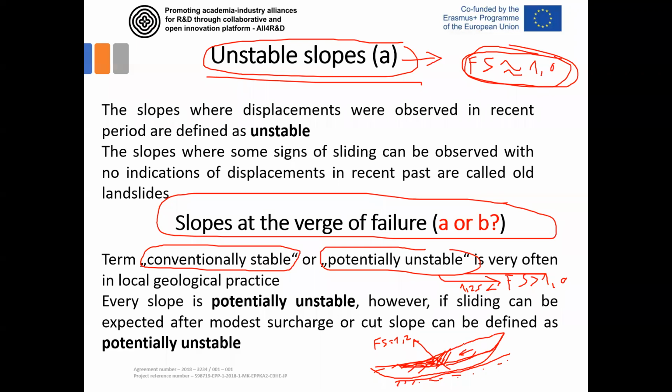So we have to be very careful, not only with designing the road on unstable slopes, but also in the areas where the safety factor of the in situ natural conditions is not far from 1.0, and that is so-called potentially unstable.